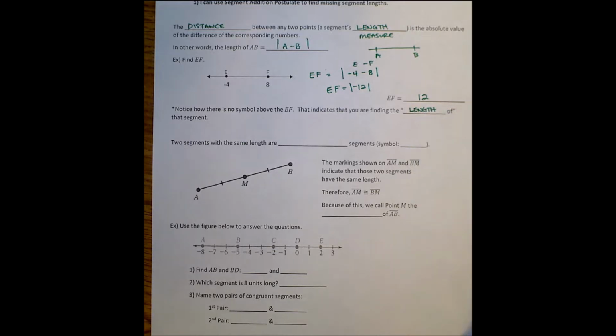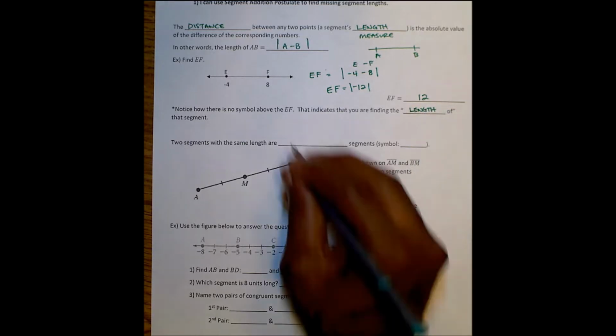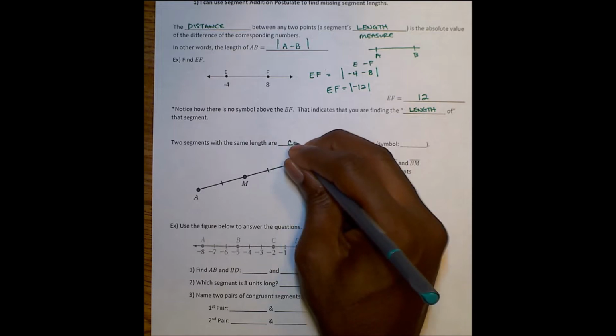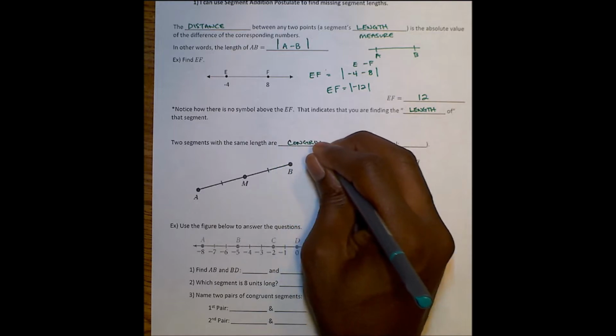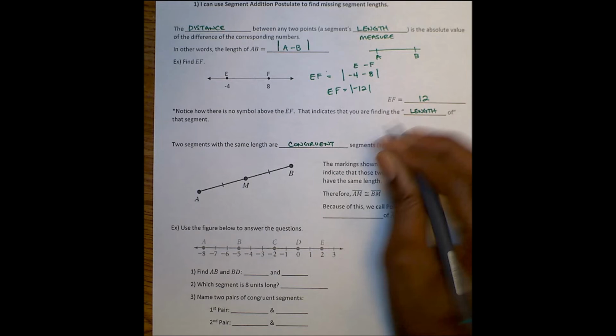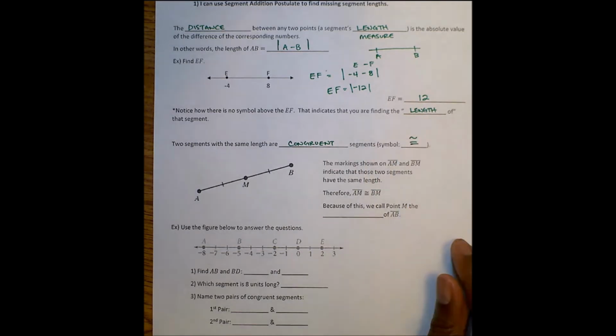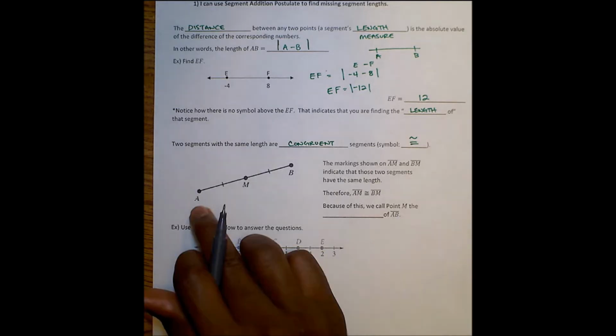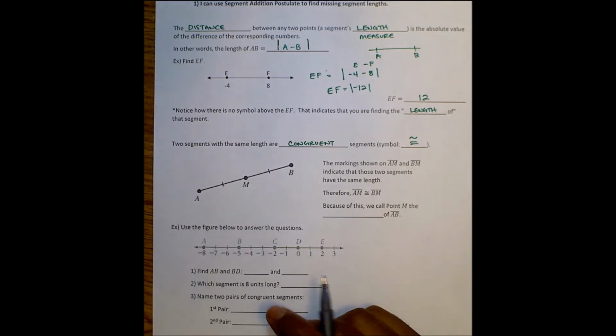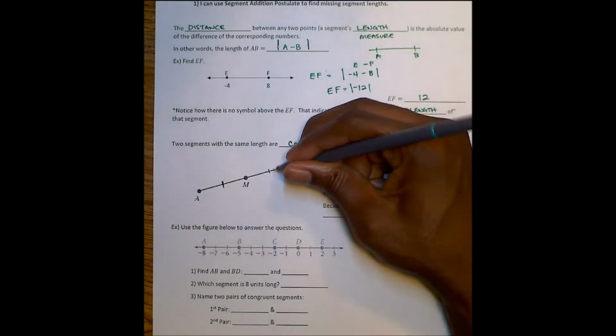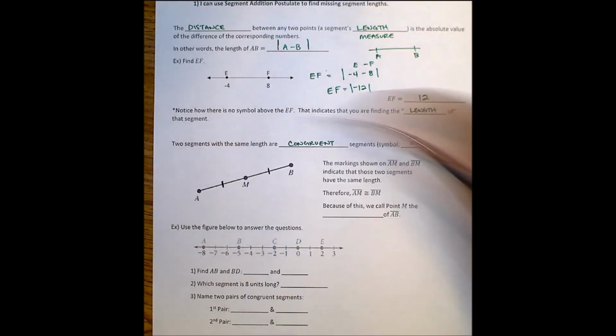Okay, 2 segments with the same length are called congruent segments. That's a symbol you should get used to. It's an equal sign with a tilde above it. It means same number and length, or same shape. Look at the markings on our diagram here.